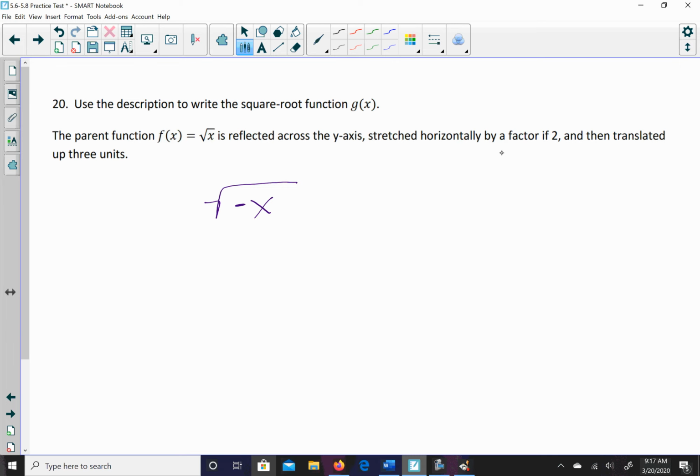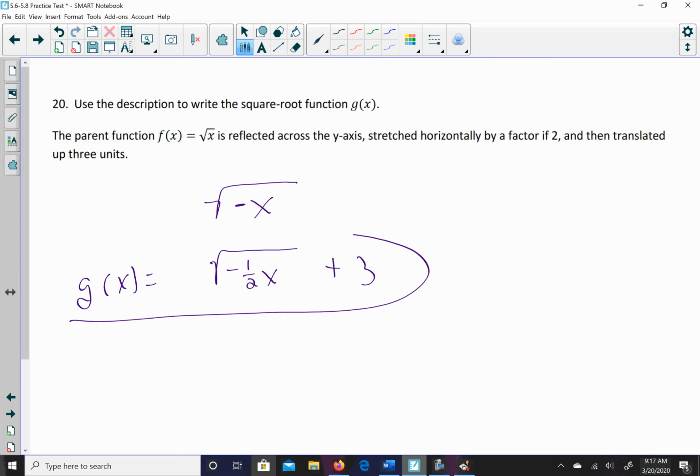I'm stretched horizontally by a factor of 2, so it's horizontal, so it's going to be inside with the x, which means I need more room. And since it's opposite of what I think, I'm going to write a 1/2 here of x. That's the horizontal stretch of a factor of 2. And then I'm going to translate up 3 units. So on the outside, I'm going to have a +3. And that is going to be my function. Let's call it g of x, because f of x was the parent function. And that is my final answer.